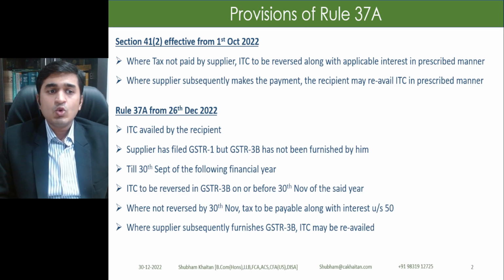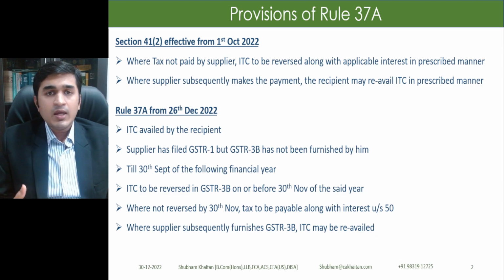Now this rule says very clearly that ITC can be availed by the recipient based on GSTR 2B, once the supplier files his GSTR 1. But where the supplier has not furnished his GSTR 3B, by which date should it be considered that he has not furnished 3B?